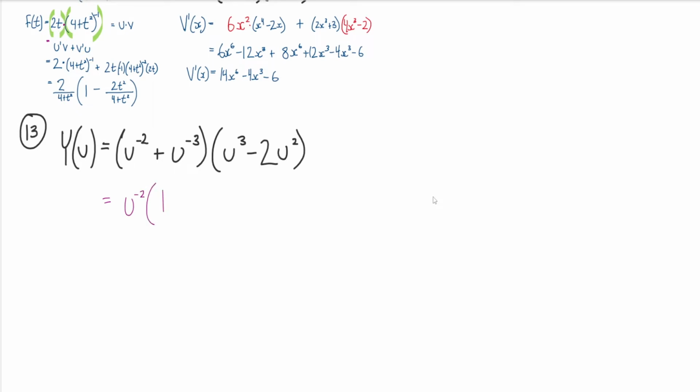I get 1 plus, now let's be careful, that divided by u to the minus 2 is u to the minus 1, right? And out front of this one, we can get u to the 2, and we get u minus 2, right? So what a surprise, those u to the 2, u to the minus 2, they cancel.